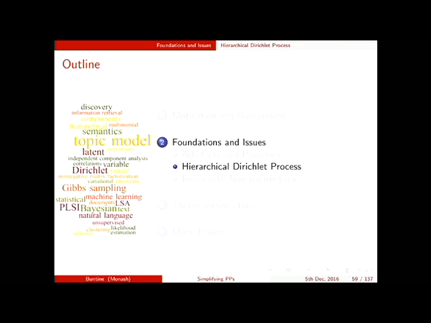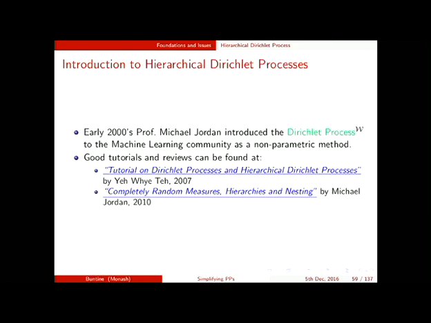So hierarchical Dirichlet process. That's the one that caused all of the noise and publications in the late 2000s. So Michael Jordan, he had a joint appointment, stats and computer science, and Jim Pitman, who's actually a Canberra boy who left early and went off to Berkeley.